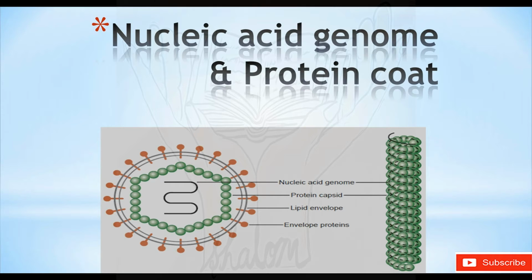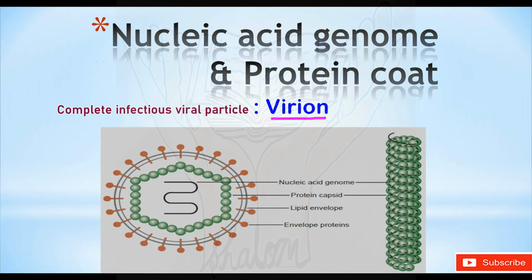However, in some cases the capsid is surrounded by a lipid membrane that is called an envelope. As you can see in the pictorial presentation on the left side in this spherical shell shaped virus, but the envelope is absent in the other one. That is why some of the viruses are known as enveloped viruses because they have a lipid envelope. However, some are non-enveloped viruses because the lipid envelope is absent in those viruses. So this complete infectious virus particle is basically known as a virion.